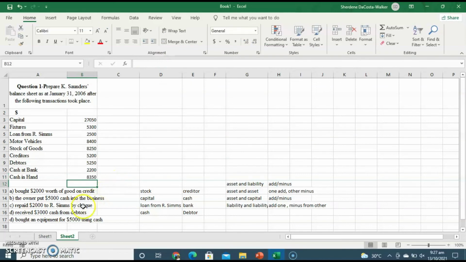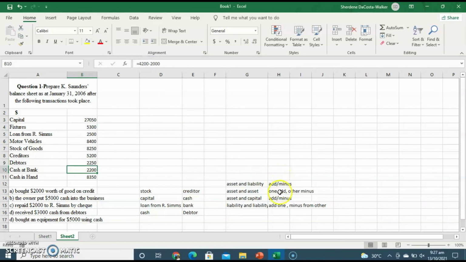Right? And then the debtor is going to change. Because remember, when it's an asset and an asset, one will add and the other will minus. So we already added the money to the cash in hand because we're getting that money. But now it's causing us to lose debtors because we will no longer have that person as a debtor because they have now paid us. So they don't owe the business anymore. So we're going to minus the 3,000 from that.